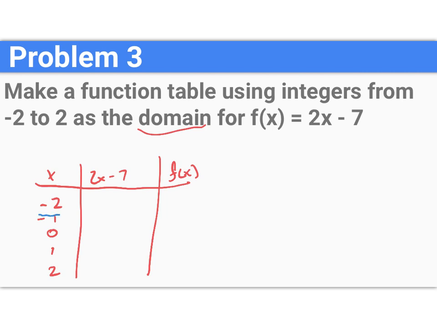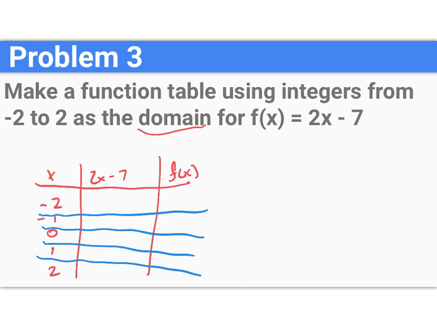Let's separate them with lines. Okay, so you get 2 times -2 minus 7, 2 times -1 minus 7, 2 times 0 minus 7, 2 times 1 minus 7, 2 times 2 minus 7.